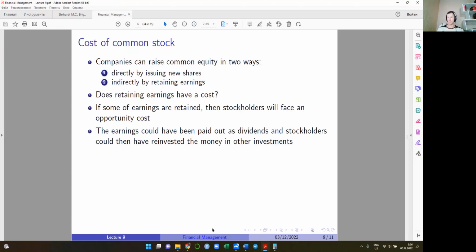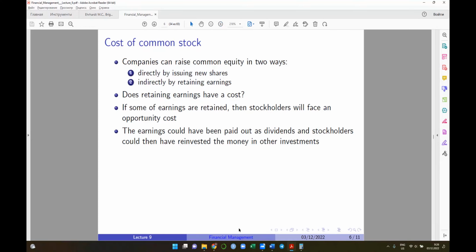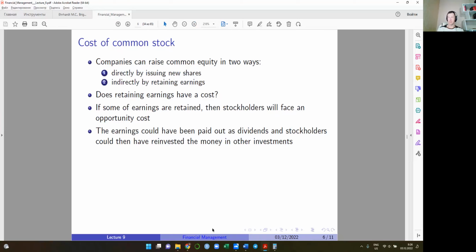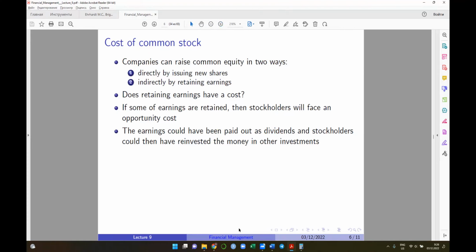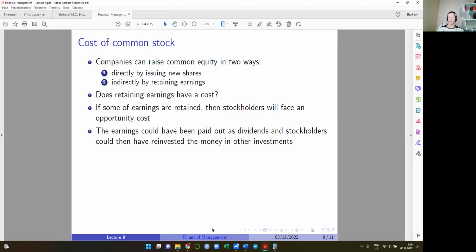What is this opportunity cost? The earnings could have been paid as dividends, and stockholders could use this money, for example, by reinvesting them in some other investments.